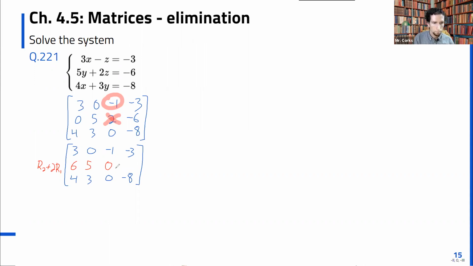And what will we get there? -12. So -6, and then plus 2 times -3, so -12. There's that position. So we've already eliminated this down to a 2 by 2 system. The Zs are fully eliminated from that column.